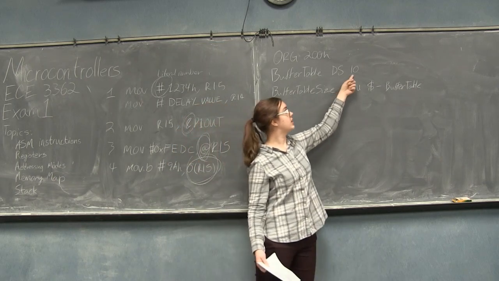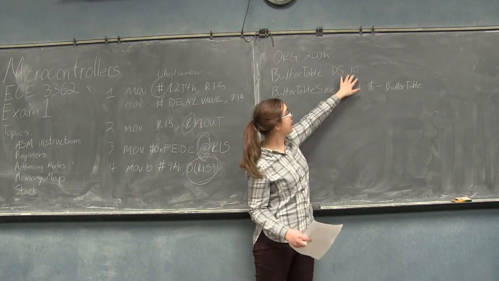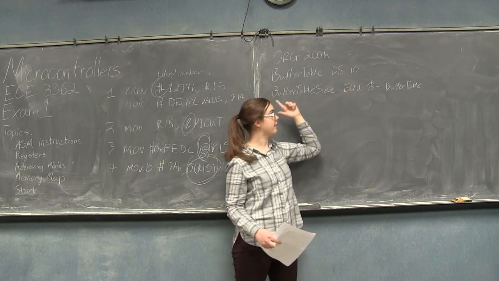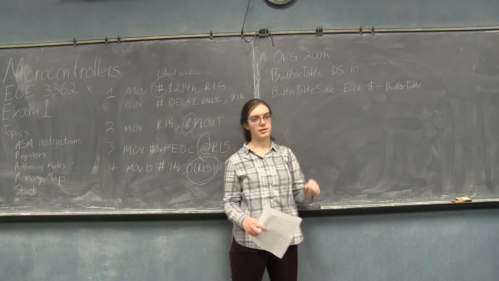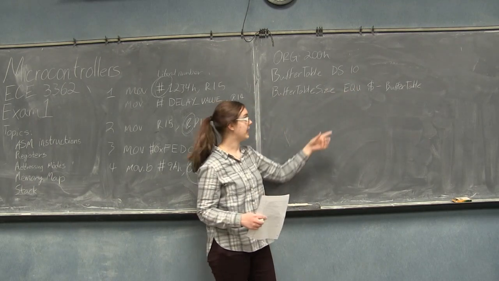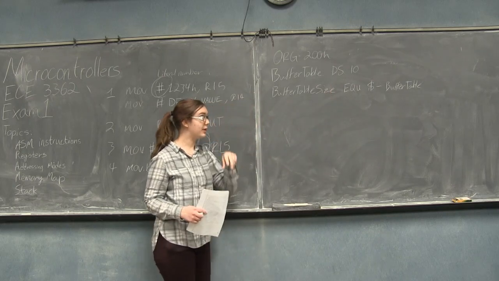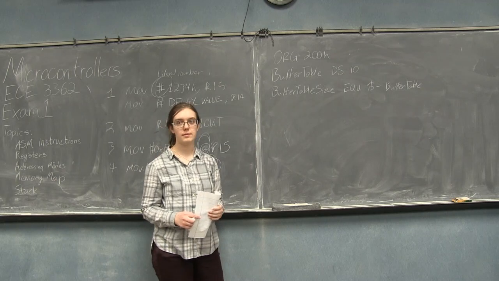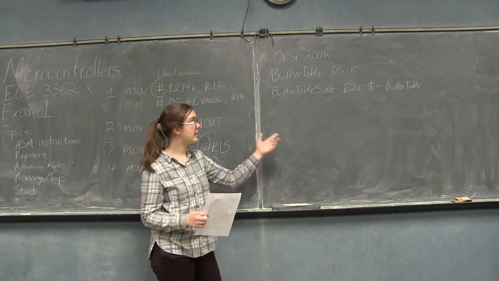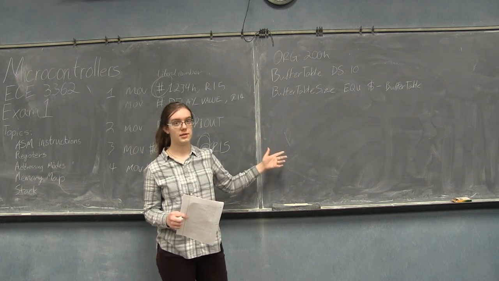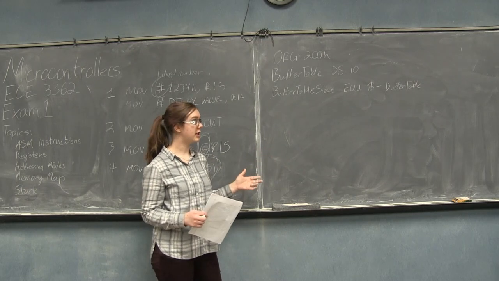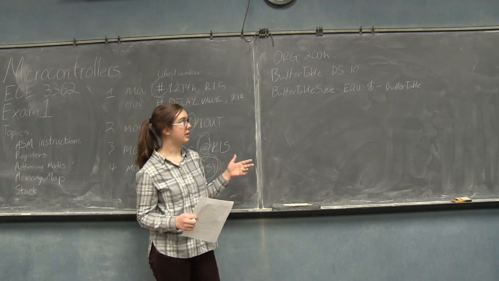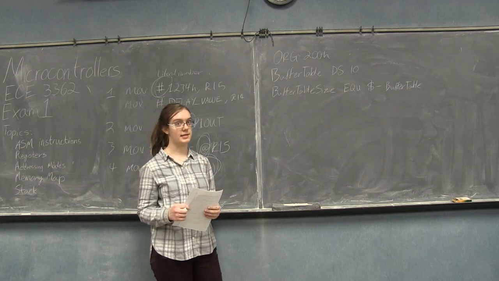So if you change this value, which is how many bytes you're setting aside for buffer table, it will also change. So it'll reflect how many bytes. Now this is really the only case I've seen it used. But it is used in some of Dr. Helm's projects, and on the test.